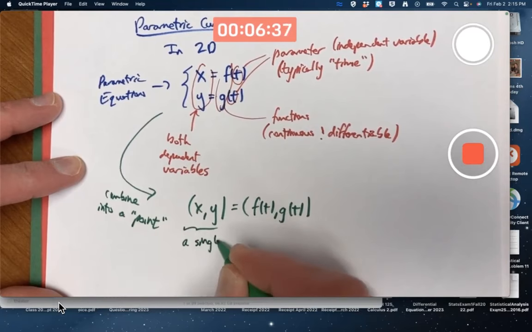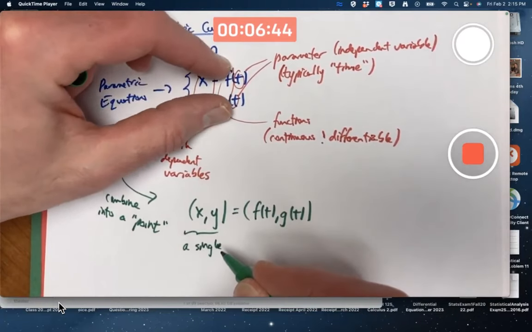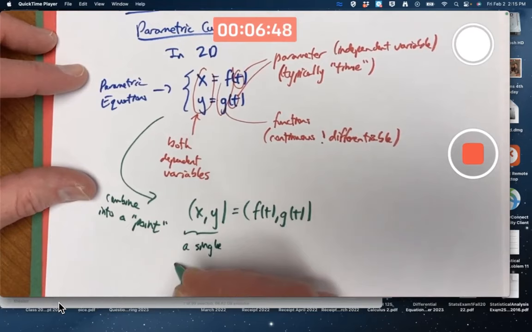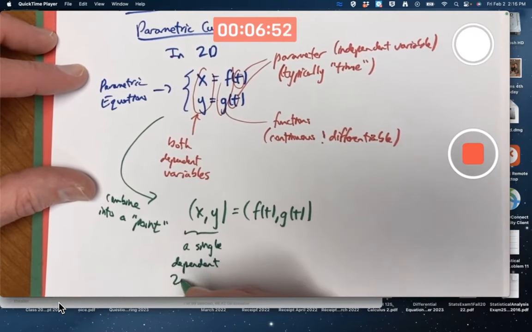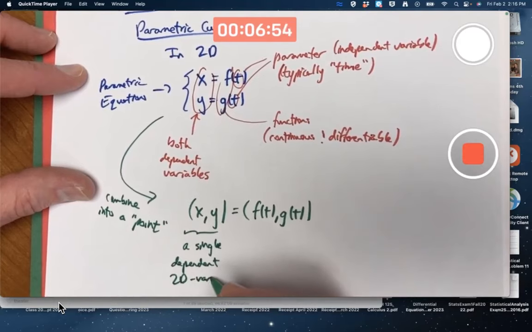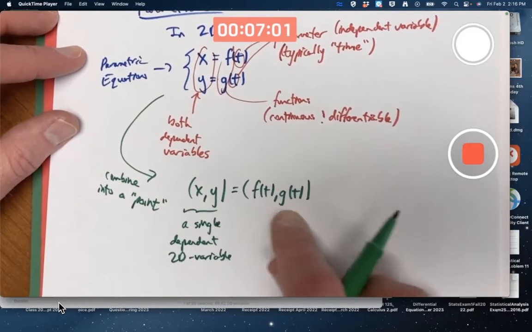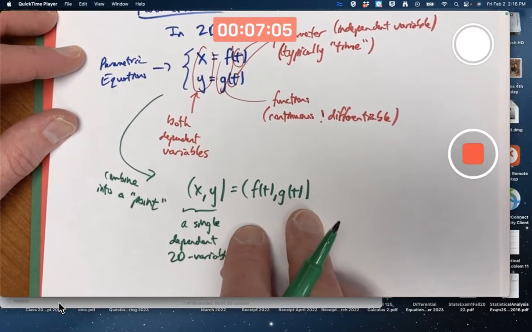Either perspective is okay. Either two dependent variables with two separate functions, f and g, or a single two-dimensional dependent variable based on a single two-dimensional function, you might say, that has component functions or coordinate functions.